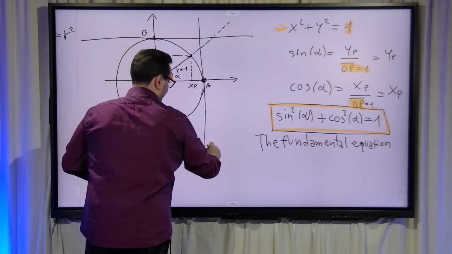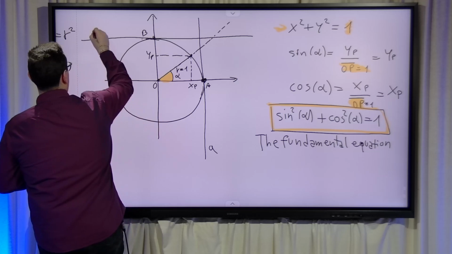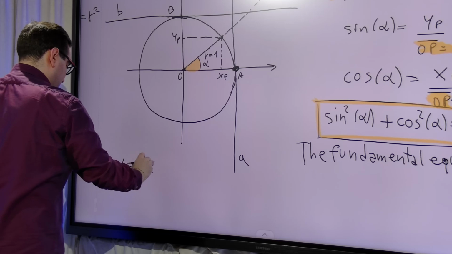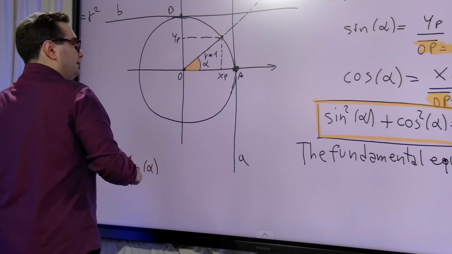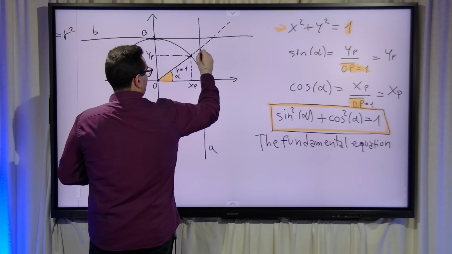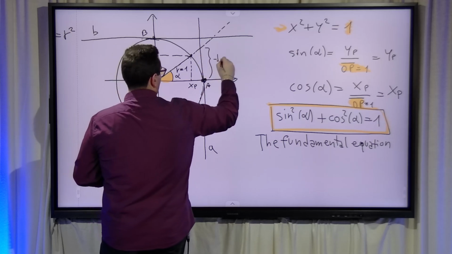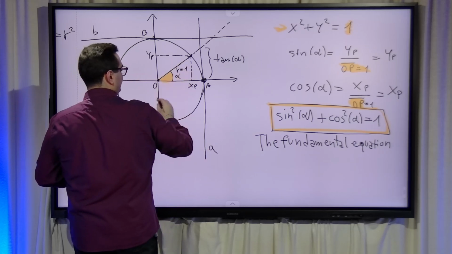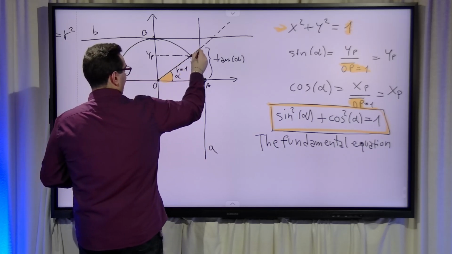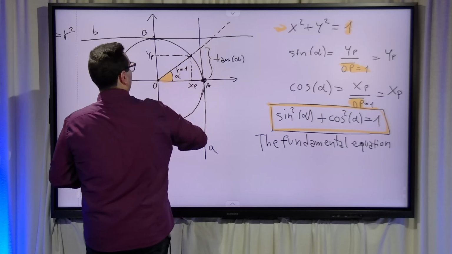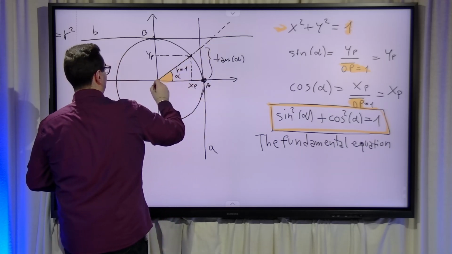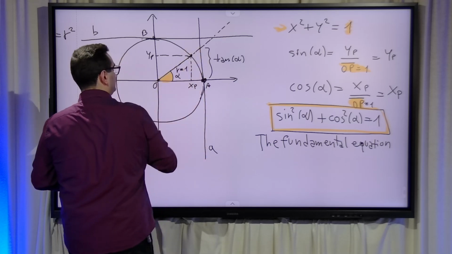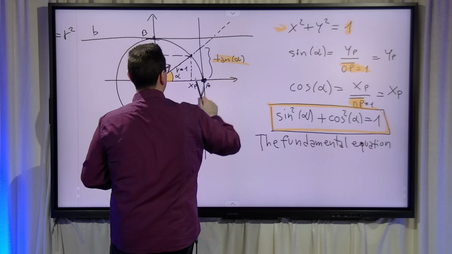Considering this line I call A, and this line B, the tangent of alpha is equal to this segment. So it is the point where the line that goes from the origin to the point intersects the line A. So this is the tangent of alpha.